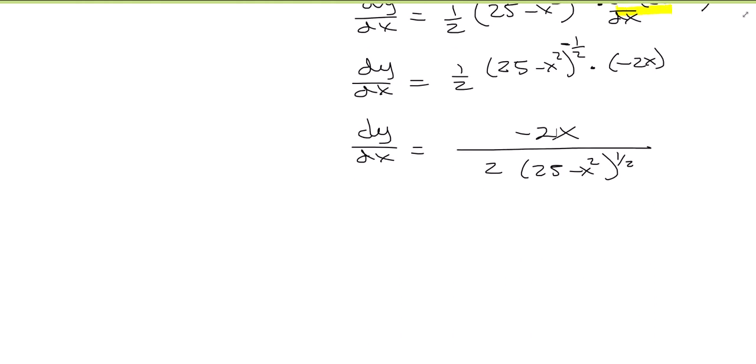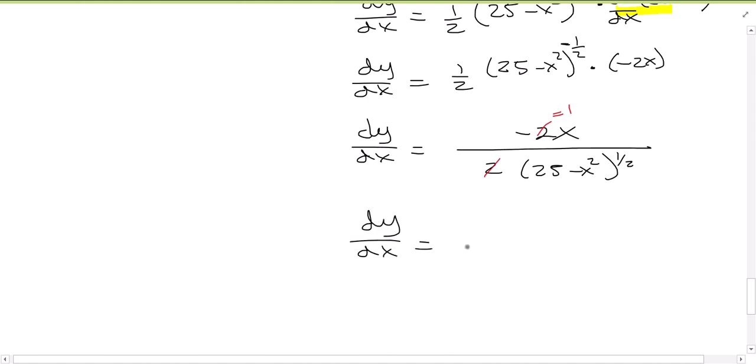And so we can reduce. The 2 divided by 2 is 1, so we're left with just negative x in the numerator. So dy/dx is negative x over the square root of 25 minus x squared. So this is our dy/dx, right?